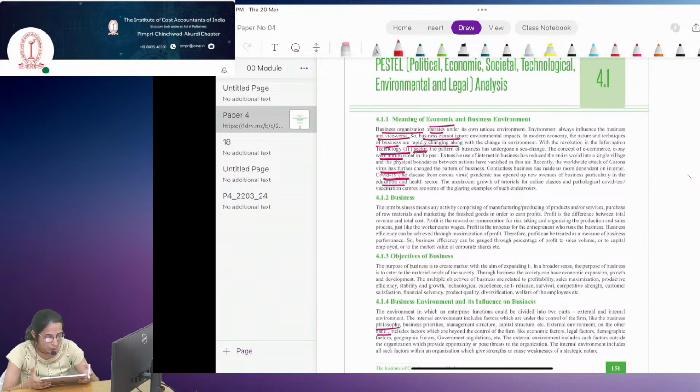The concepts of e-commerce and eBay were non-existent in the past. Extensive use of the internet in business has reduced the entire world into a single village, and physical boundaries between nations have vanished into thin air. Now, with the help of the internet, even a person staying in a rural area can get access to all the information.